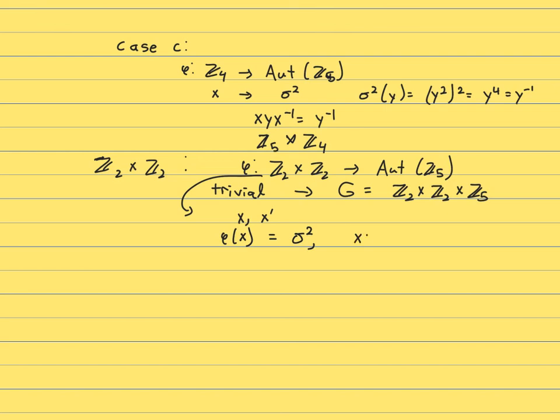So this means that x inverse is equal to y inverse. We see this element x has order 2 and y has order 5. And so x and y together generate a dihedral group. Moreover, the way we set it up, x prime commutes with everybody, because the homomorphism of x prime in this case, I'm assuming, is the identity.